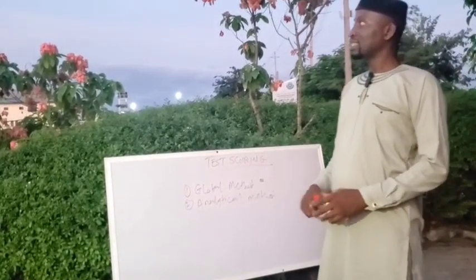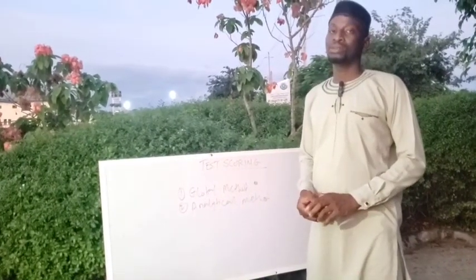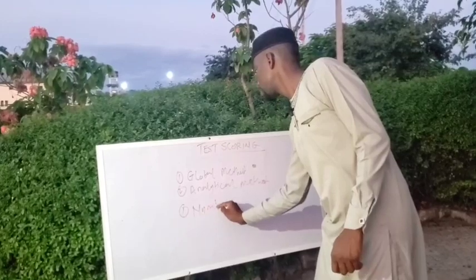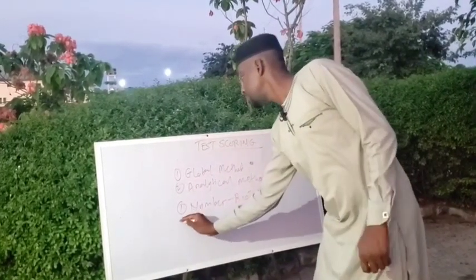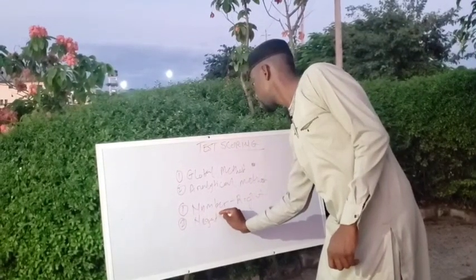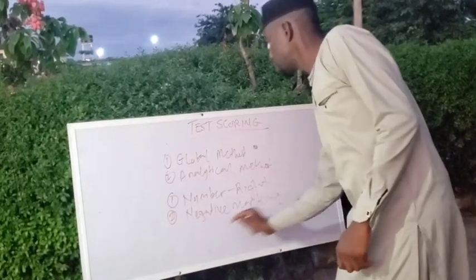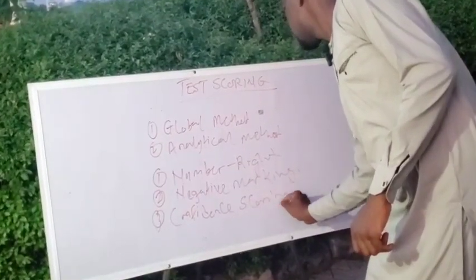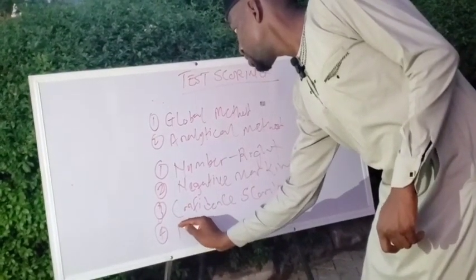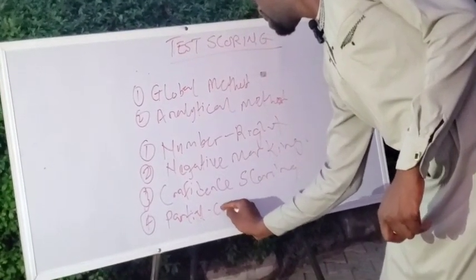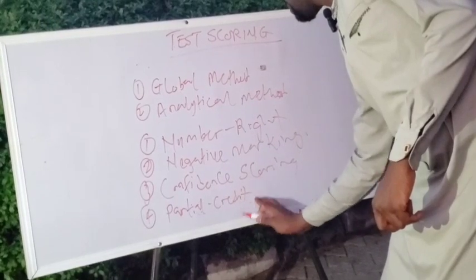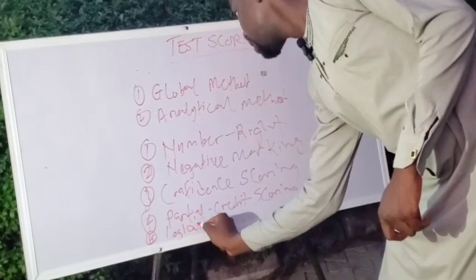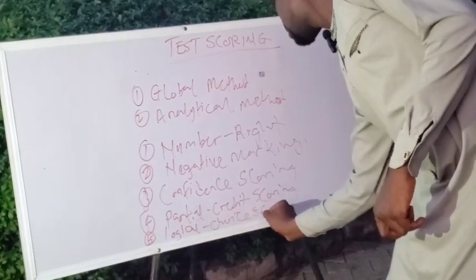That is generally. But specifically, when you are looking at test scoring, we have the number right method, the negative marking, the confidence scoring method, the partial credit scoring method, and finally the logical choice scoring method.